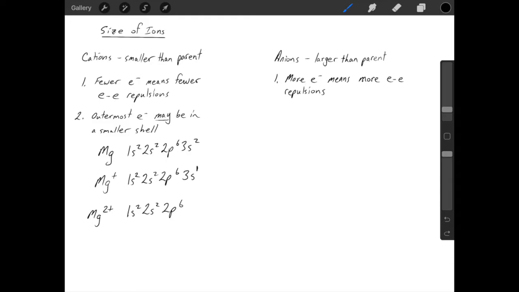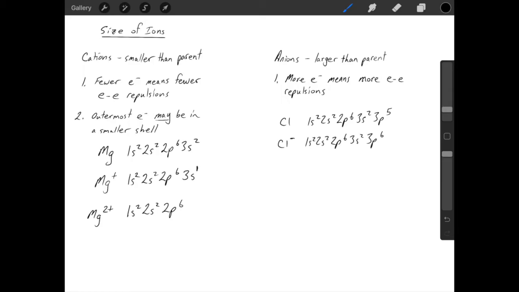And we'll use the example of the chlorine atom and chlorine ion. Chlorine's valence electrons are in the n=3 shell, and if you add a single electron to make Cl-, the chloride ion, you'll get this configuration.